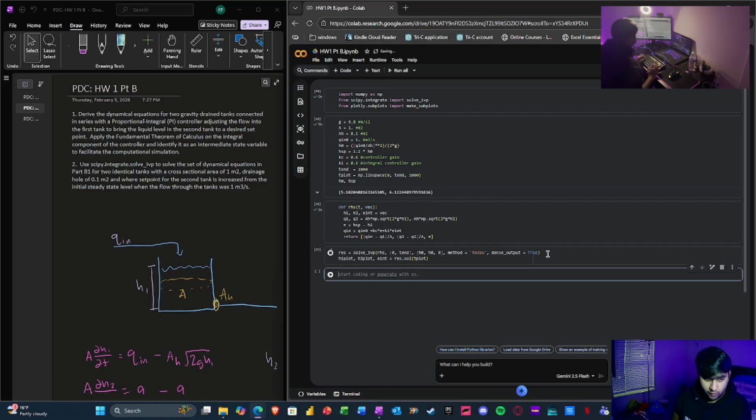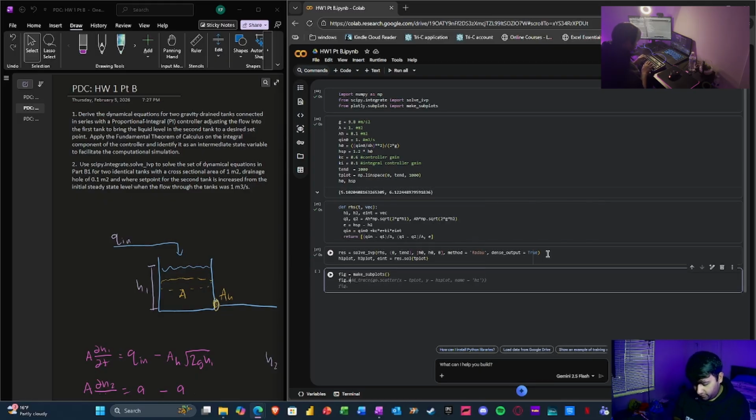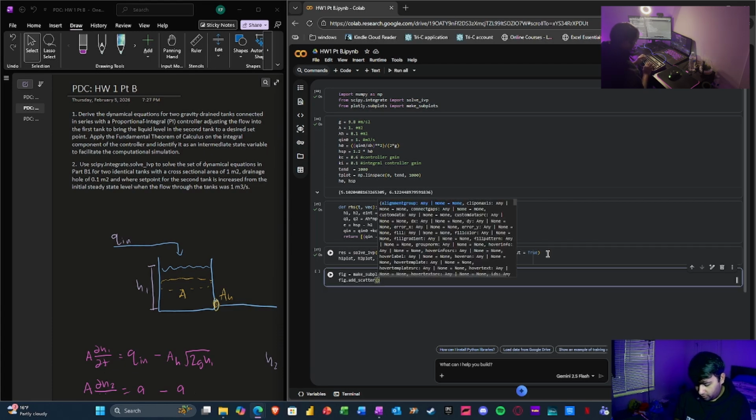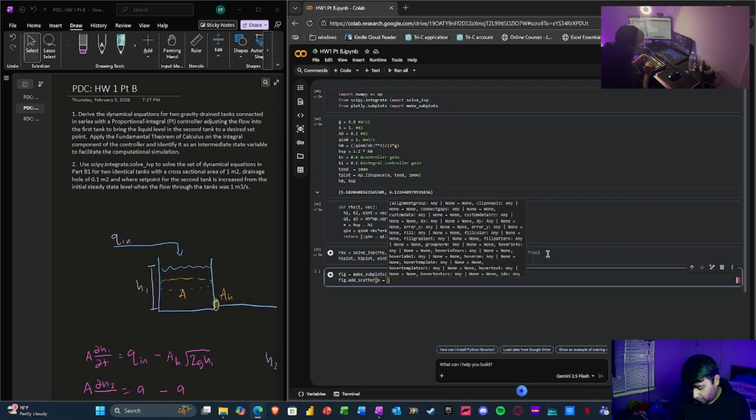And we need a way to actually see the plot, so that's how we're going to make our fig equals make_subplots. And then fig.add_scatter. This is how we're going to define what our plot will look like essentially.